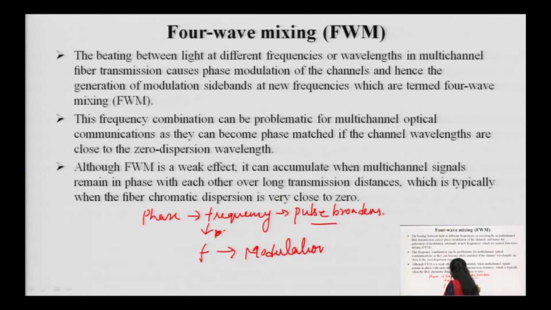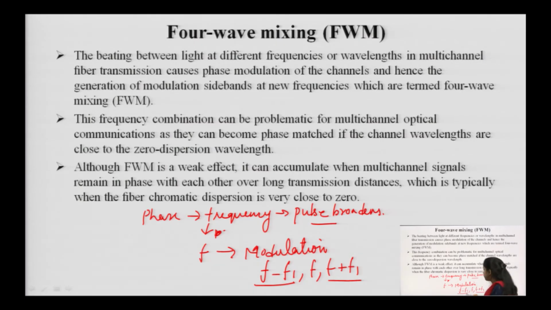If the modulation takes place, what is going to happen? f minus f1, f plus f1. So, f minus f1 and f plus f1 are the adjacent frequencies to f. The first one, f minus f1, will be the smaller value and f plus f1 will be the higher value.